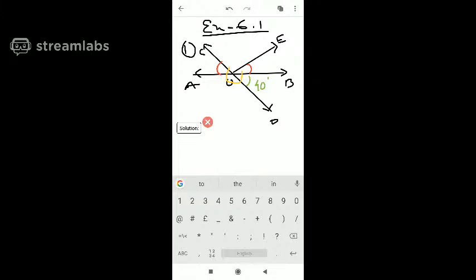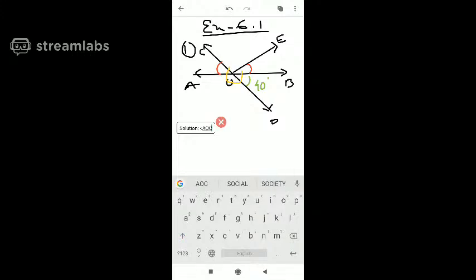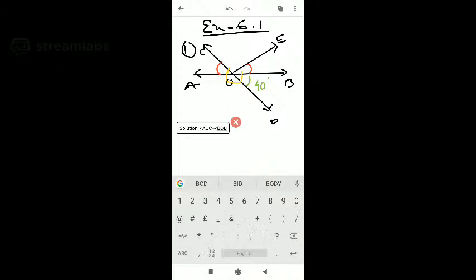In the solution, first we can see AOC and BOD are vertically opposite angles. From the diagram it is clear that they will be equal. So we will write angle AOC is equal to angle BOD. Why are they equal?